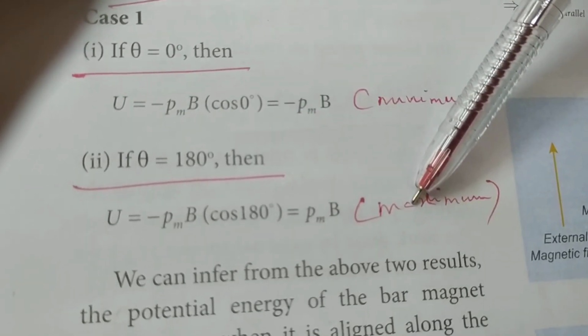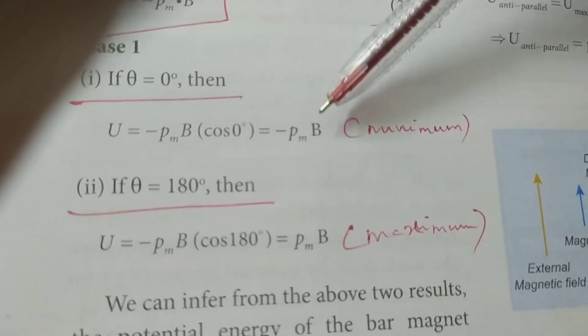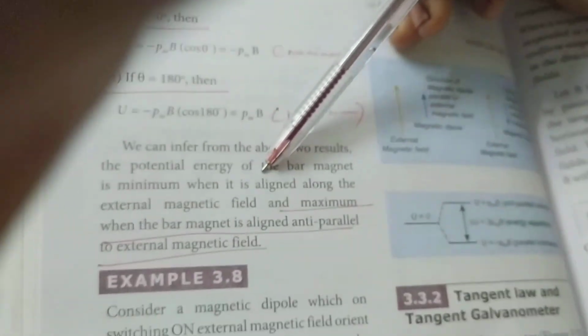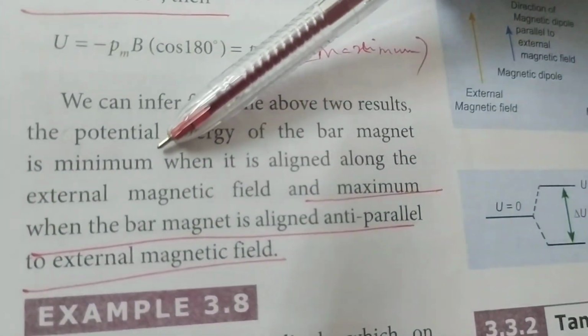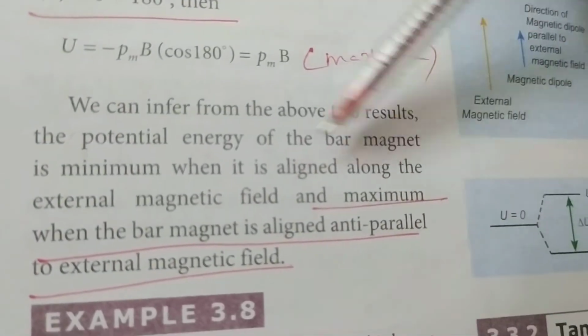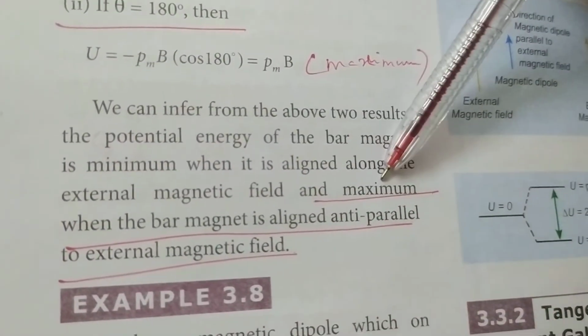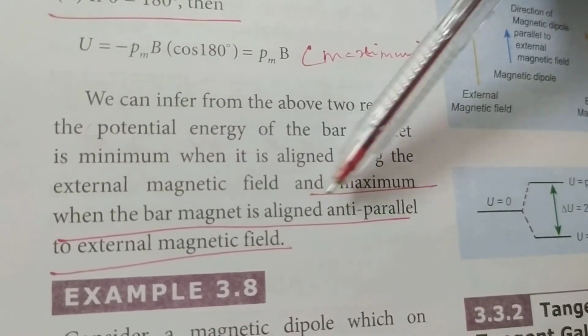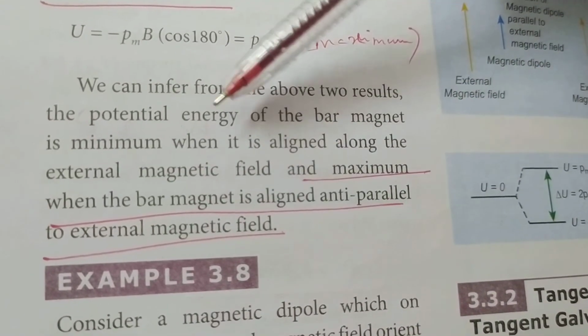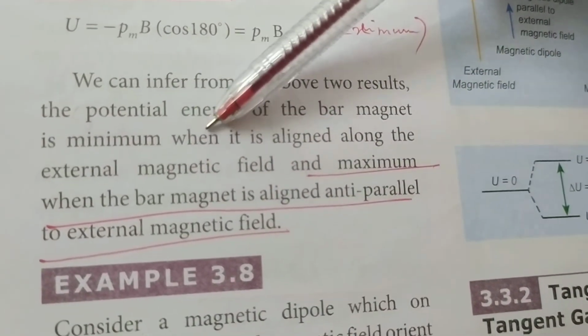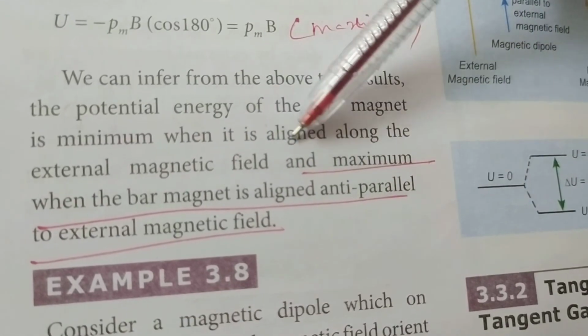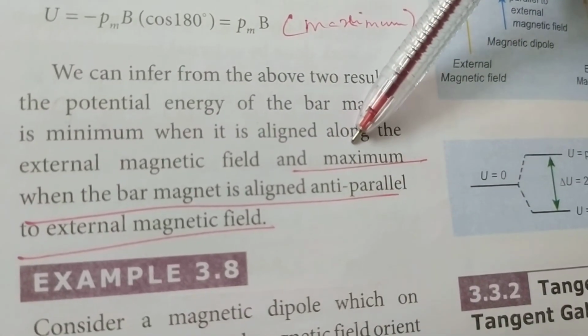This is the maximum value. From this you can say that the potential energy of the bar magnet is minimum when it is aligned along with the external magnetic field, and maximum when the bar magnet is aligned anti-parallel to the field. Theta equal to 0 means it is aligned with the field. Theta equal to 180 degrees means it is anti-parallel to the field.